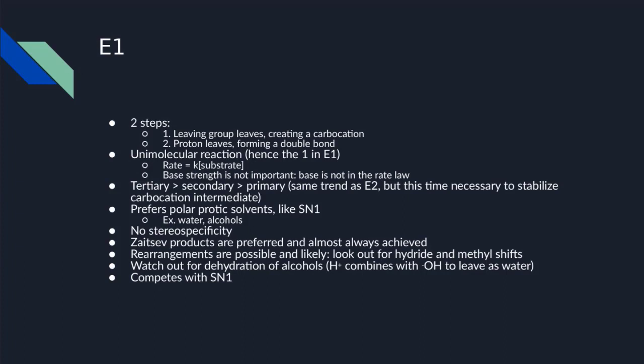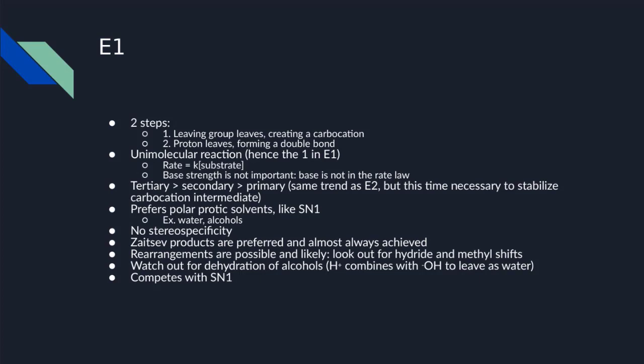So that's why it also takes the same trend as SN1, because that's the same reason why I want it to be the most substituted as possible there, because a carbocation will make whatever atom it's on electron deficient. So if we have some more electron donating groups in the form of methyls, just basically any kind of alkyl chain, that will help offset the electron deficiency, which is why we want it to be more substituted.